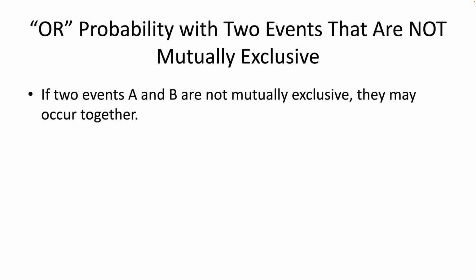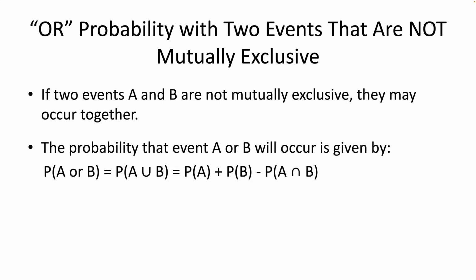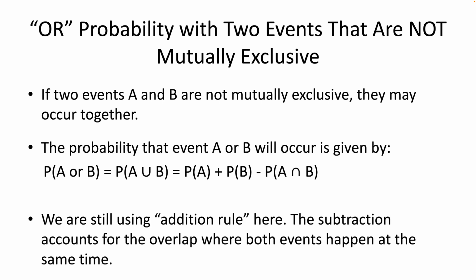If two events A and B are not mutually exclusive, then they can occur together. In this case, the probability that event A or B will occur, the same as the probability of A union B, is equal to the probability of event A occurring plus the probability of event B occurring minus the probability of the intersection of A and B. In this case, we are still using the addition rule here.